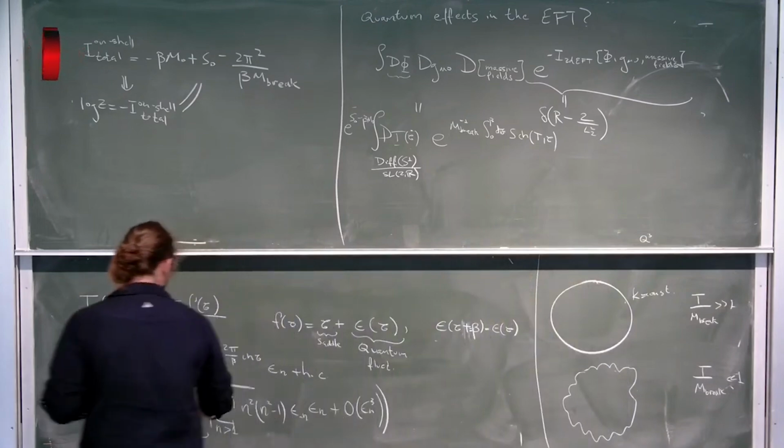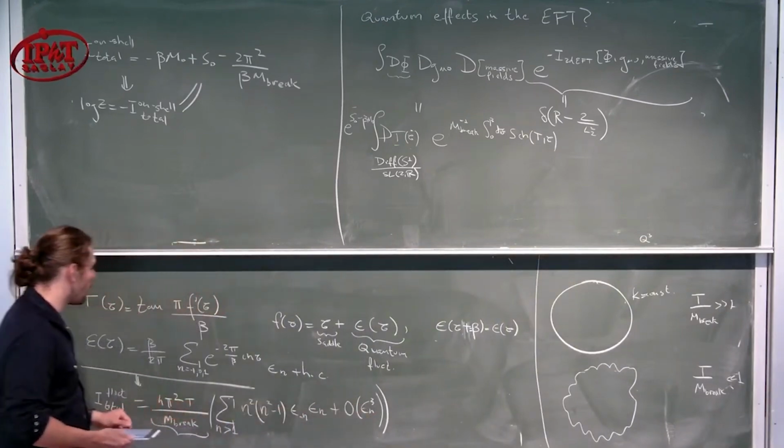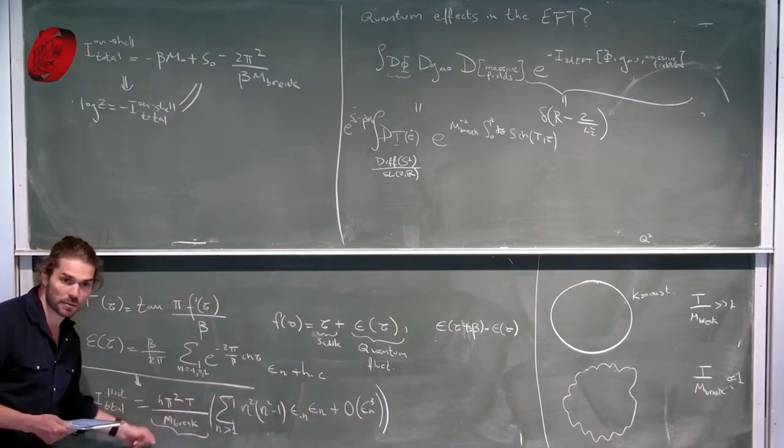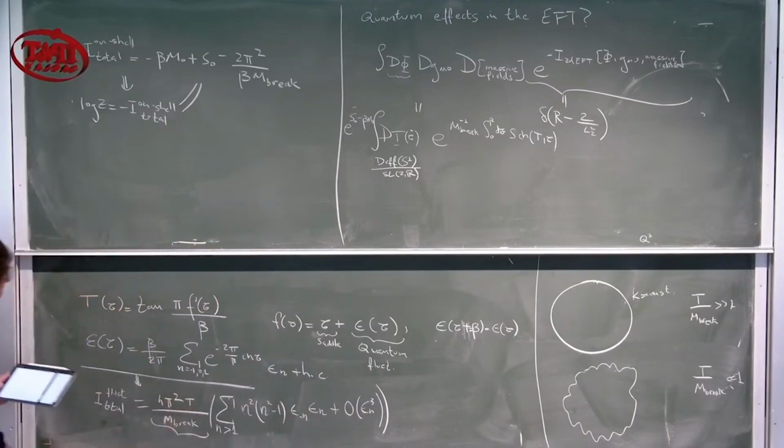And here, notice that higher loops in epsilon are also multiplied by the exact same coefficient, T over m break, the exact same effective coupling.